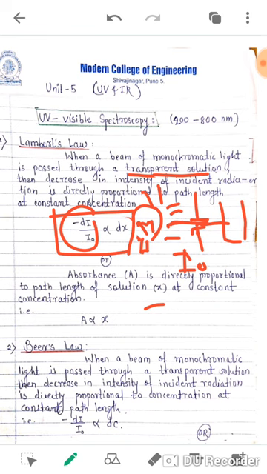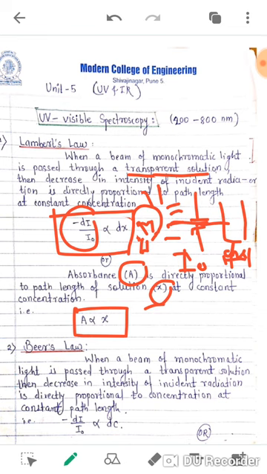Path length means the size of this cavity. This is denoted by dx. Here dI by I0 is denoted by A, that is absorbance, and path length is denoted by x. So we have one relation, A is directly proportional to x.